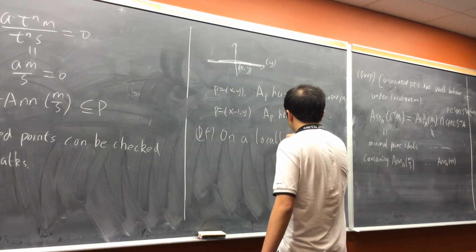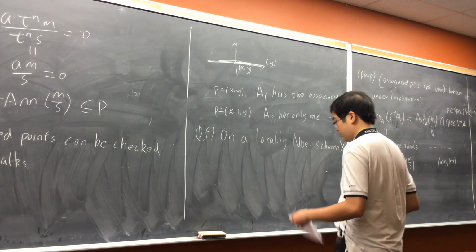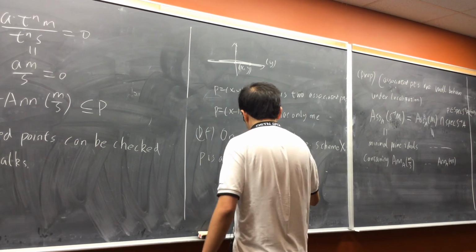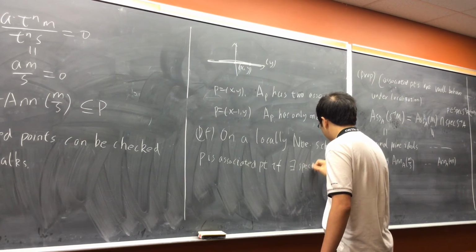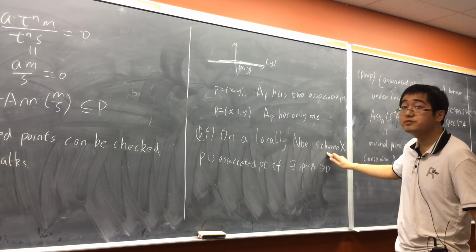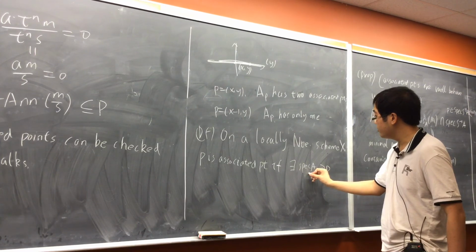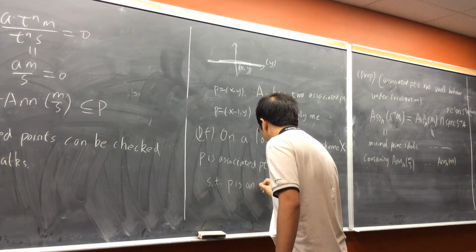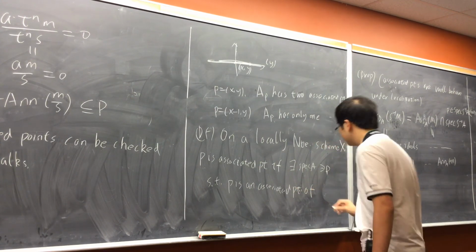On a locally Noetherian scheme, P is an associated point if there exists an affine open neighborhood Spec A of P such that P is an associated point of this Spec A. Here we're looking at locally Noetherian schemes because we still need the Noetherian condition on the affine.